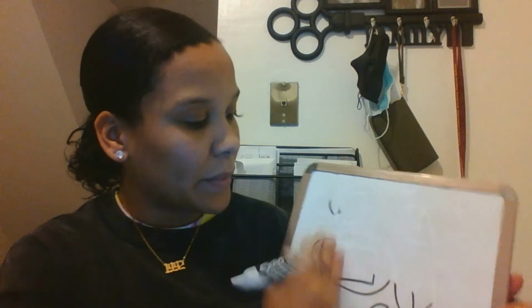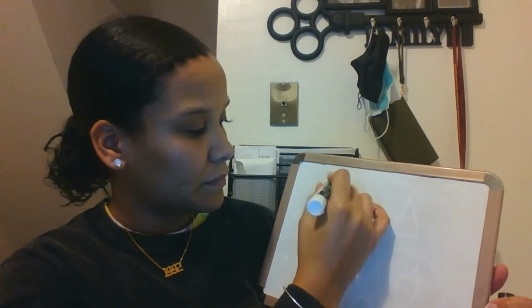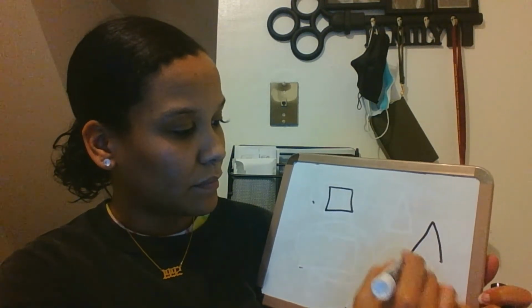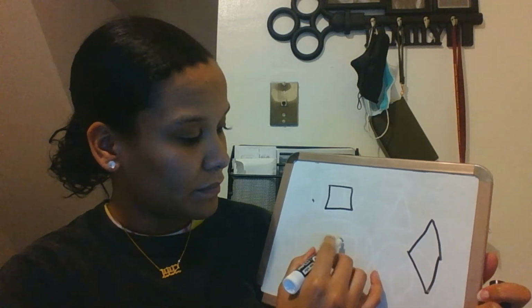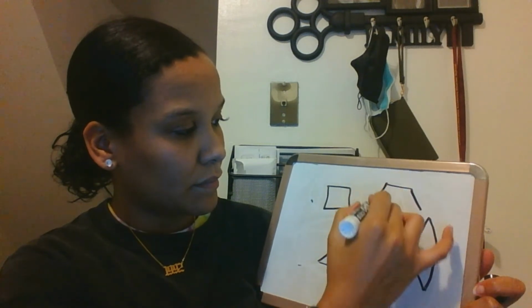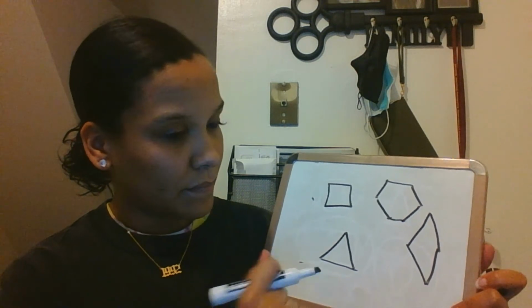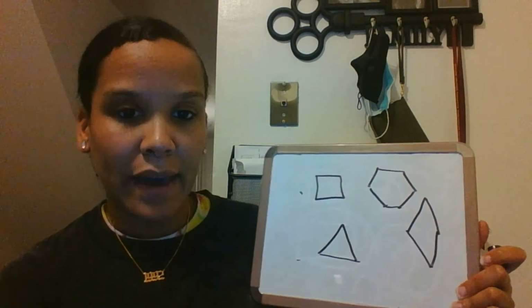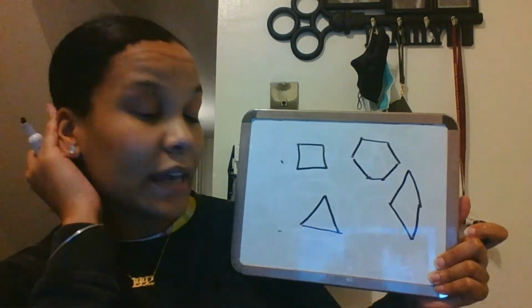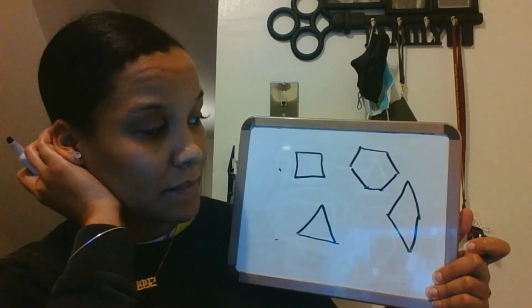Let's do one more. Okay, so can I circle two or more shapes that have the same number of sides?